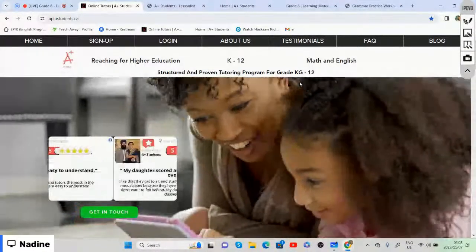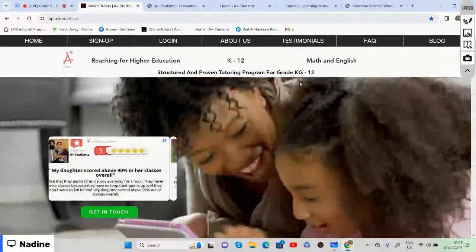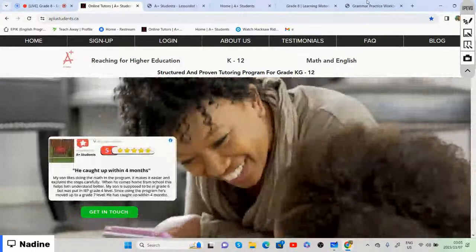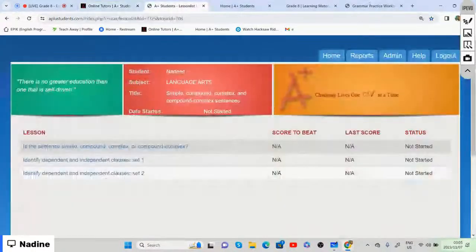Then we go to our chapter on simple, compound, complex, and compound complex sentences. So this is going to be our chapter for today, and our tutorial lessons we are doing on A plus students.